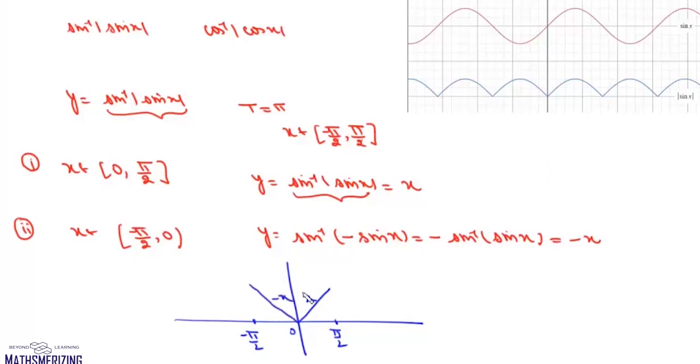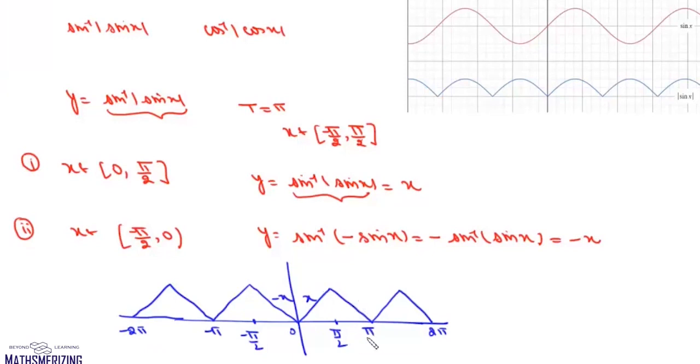So all we need to do is repeat this graph to get the graph of sine inverse of mod sin x. So that is the graph of sine inverse of mod sin x, and this is pi, 2 pi, minus pi and minus 2 pi, and we also know how to write definitions for different parts.